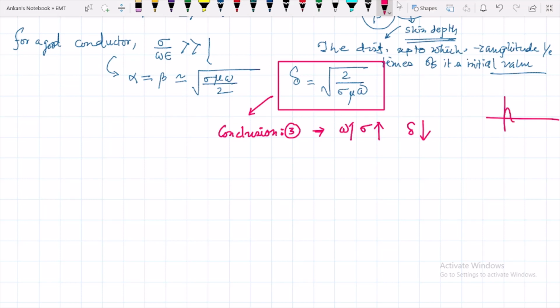That is, the wave will get dissipated faster, at a faster rate. But if omega or sigma decreases, delta will increase from this relation.